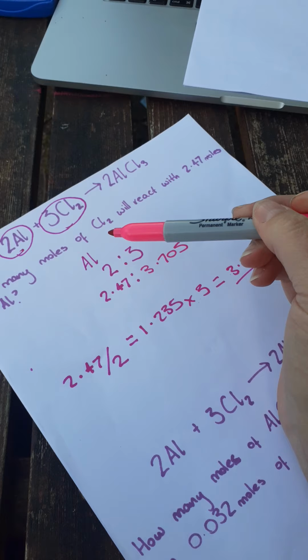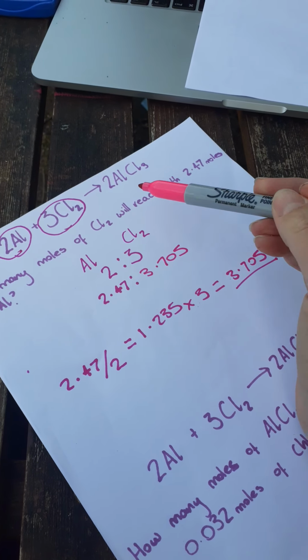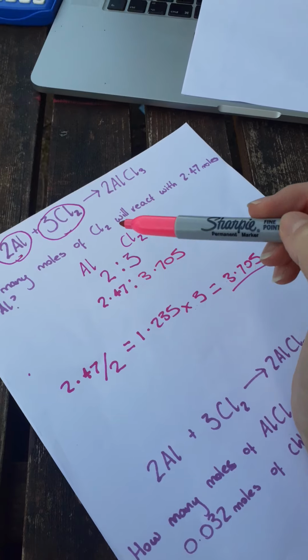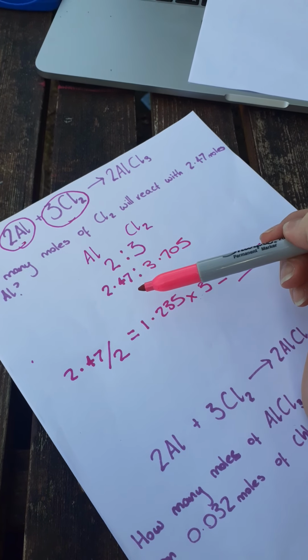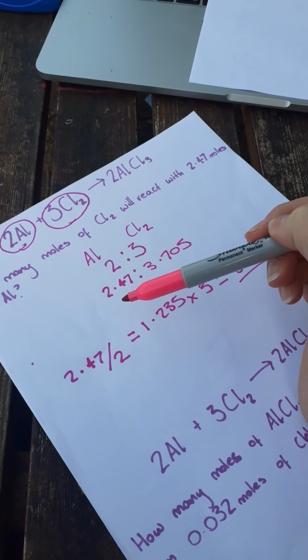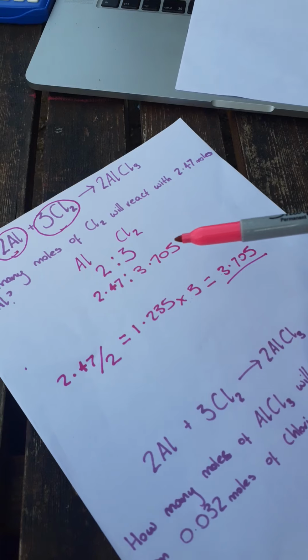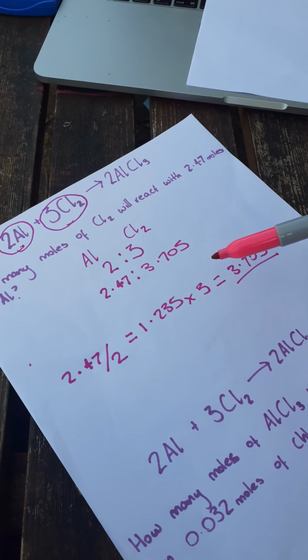Okay. So if we have 2 moles of aluminium reacting with 3 moles of chlorine, but we didn't have 2 moles of aluminium, we had 2.47 moles. For every 2.47 moles of aluminium that reacts, 3.705 moles of chlorine will also react.